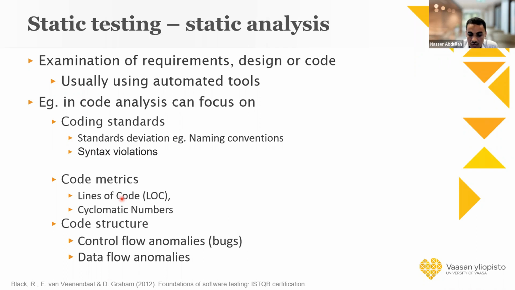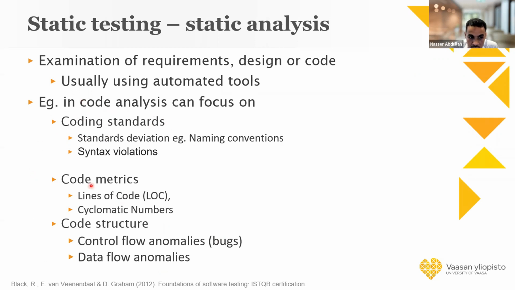We also have the code structure. For the code structure, there are two things to analyze: the first one is the control flow, the second one is the data flow. Using these methods, you can analyze your code.